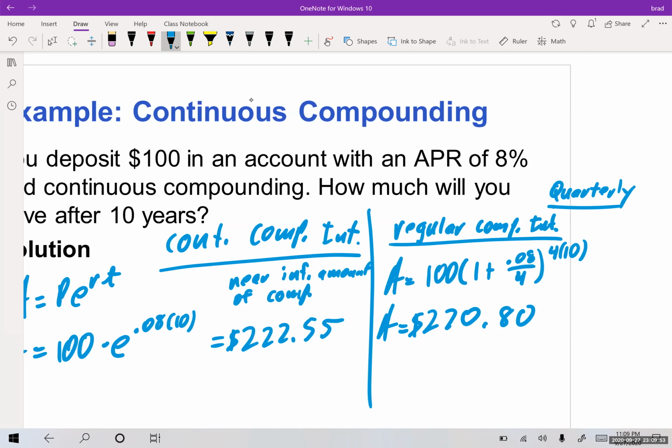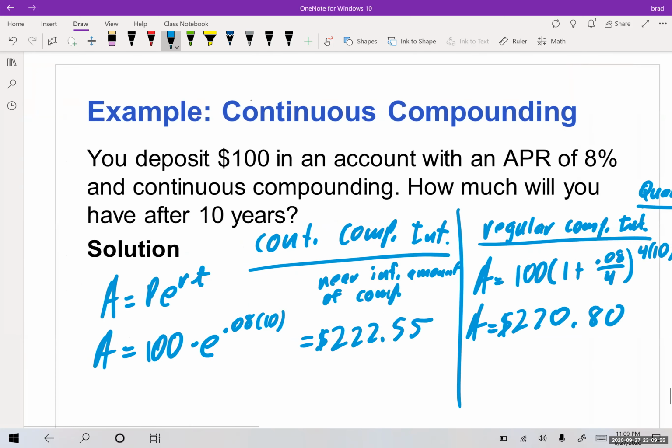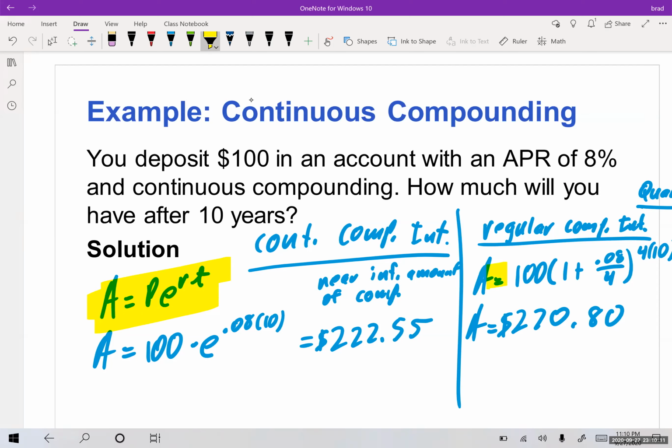So that's what they're trying to show you, that sometimes it's just easier to use continuous compound interest, and the difference isn't worth the trouble. Obviously, in banking everything has to be exact, and pennies matter. But to me this is the easiest formula to work with, especially the easiest one to memorize. This other one is a little bit harder formula to memorize, so it's sometimes more trouble than it's worth.